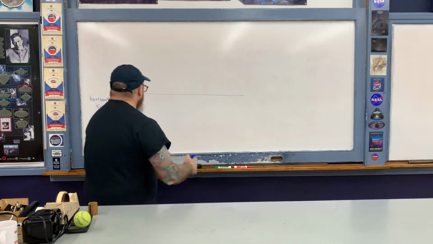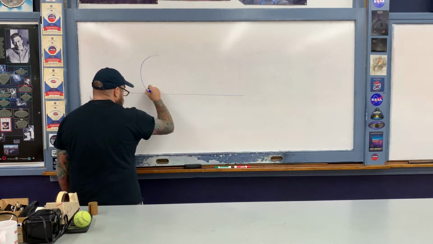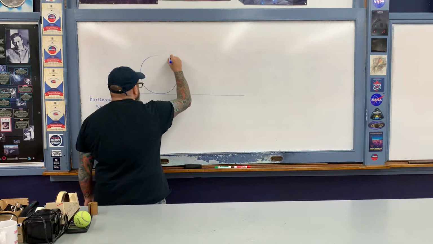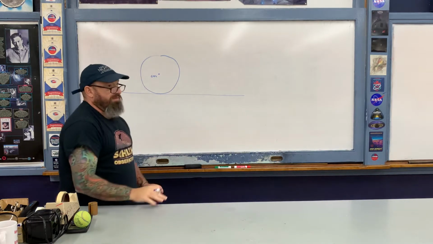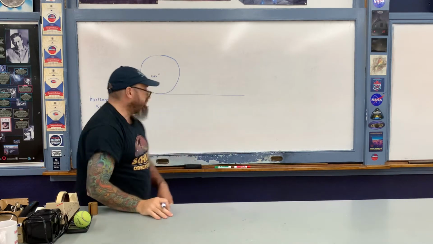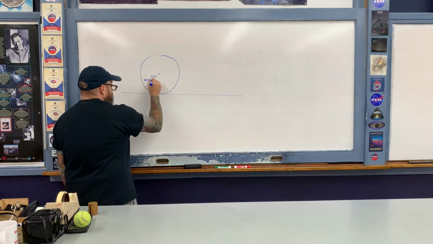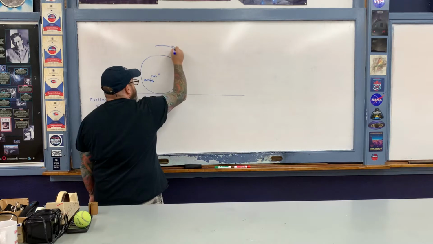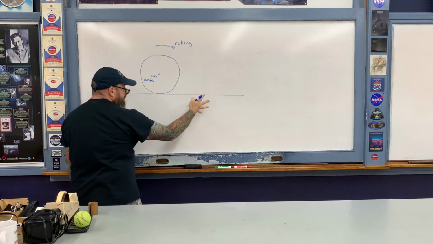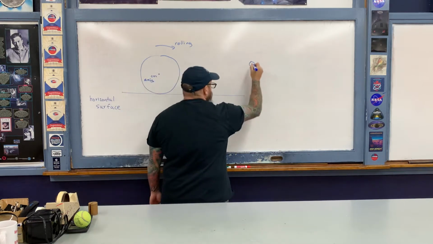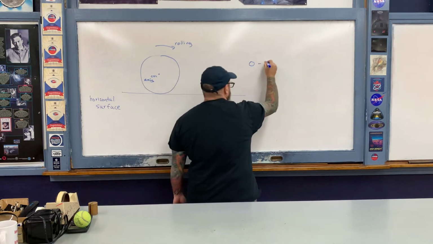Okay, and then we have our rolling object. So here's my tennis ball, like so. Let's say that right here is the center of mass, and the axis of rotation of the tennis ball passes through the center of mass. And then let's say it's rolling in this direction. With respect to the desk, and the desk, by the way, is our inertial reference frame, we'll just refer to this as O.